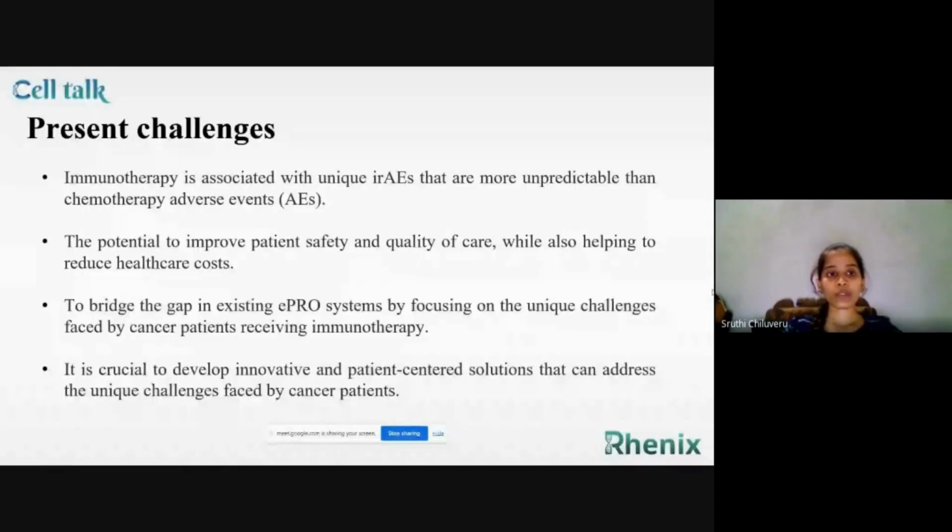Next, coming to the present challenges faced by cancer patients who receive immunotherapy.